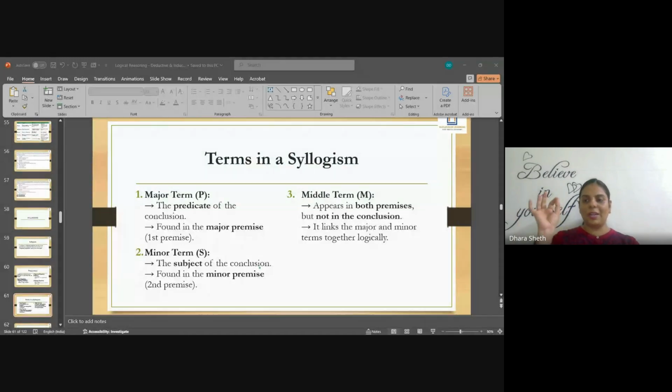Minor term is found in minor, second premise, and is the subject of conclusion. Middle term is something that links both of them. It appears in first and second, both major premise and minor premise, but it does not appear in the conclusion. It links the major and the minor terms together logically, but it does not appear in the conclusion.